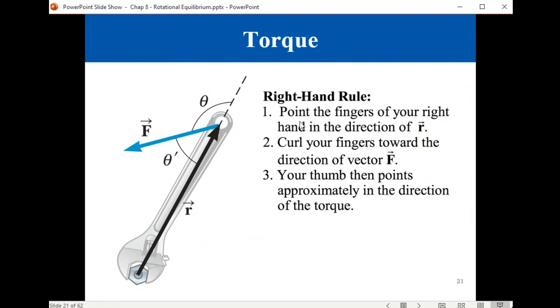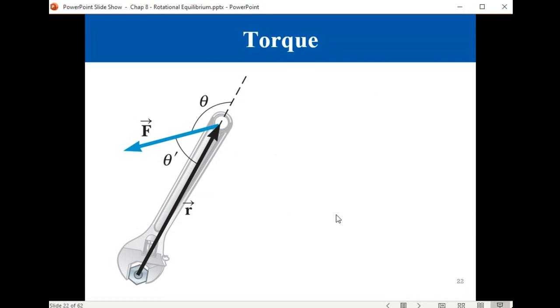Point the fingers of your right hand in the direction of R and curl the four fingers toward the direction of the force vector F. Then the thumb of your right hand will point in the direction of the torque, which is going out of the screen, perpendicular to the screen.